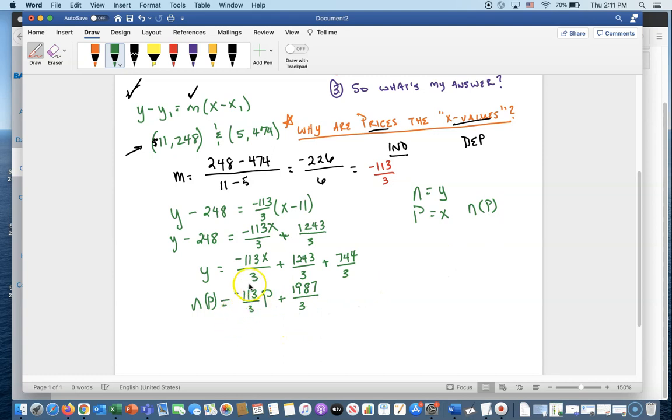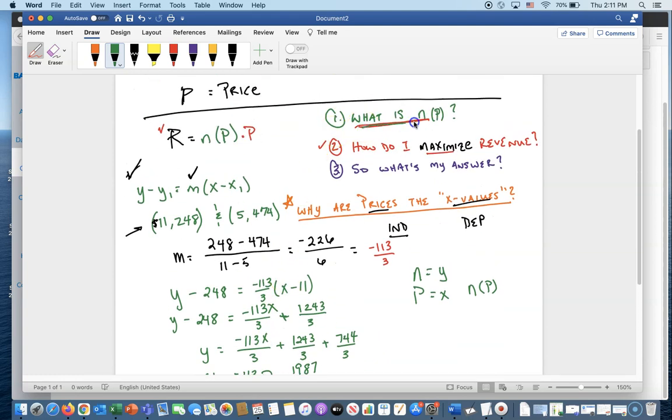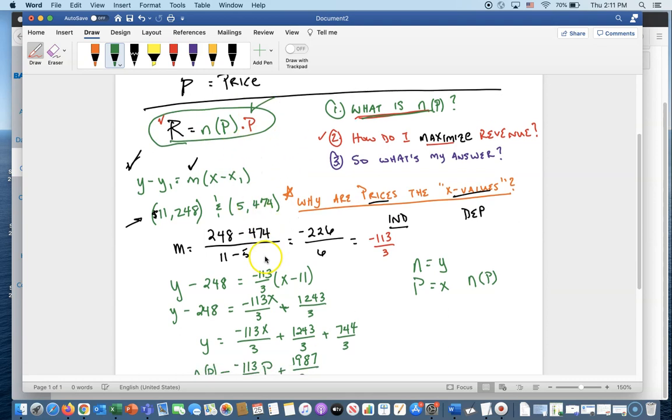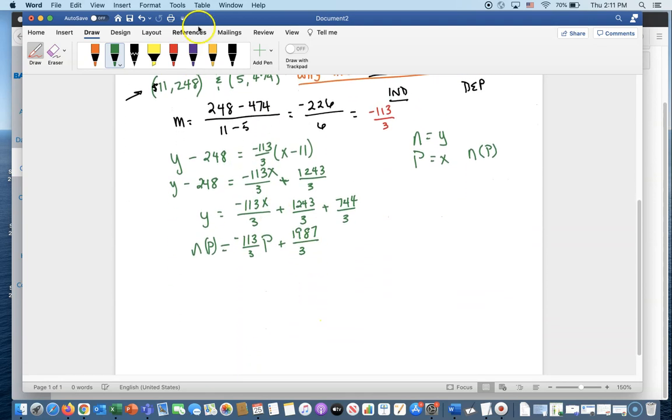Okay, all we did was figure out what the demand function is. Remember, we want to maximize revenue, so we've got to take the derivative of this thing. Well, we're going to go rewrite that equation. The revenue function is going to equal the demand function, negative 113 over 3 p plus 1987 over 3.